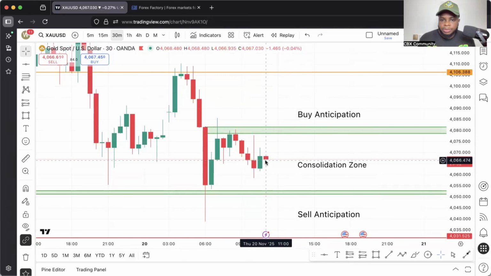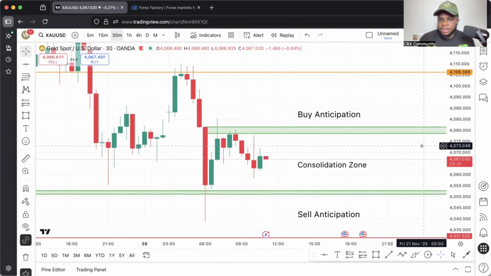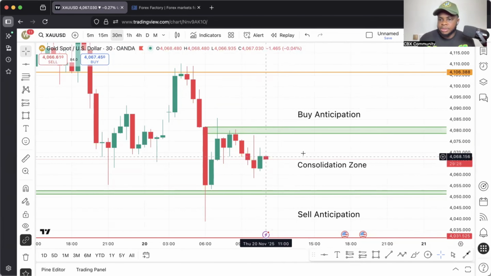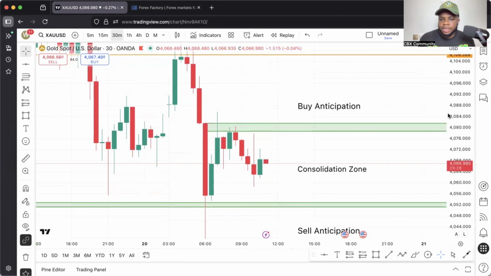So this candle opened with no wick at the bottom. Let's see, since it's the beginning of this 30 minute candle, what the candle wants to do.